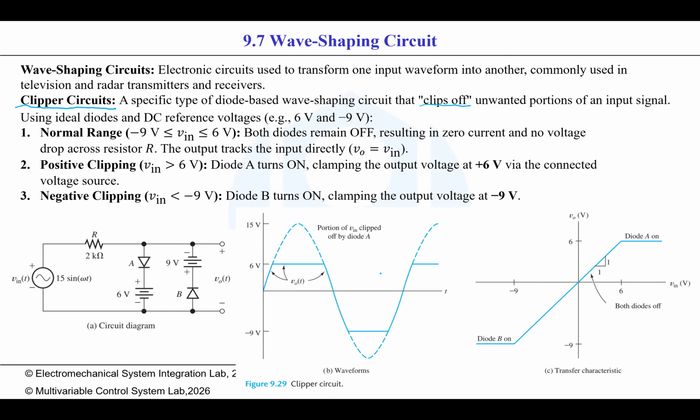Here, the blue dotted curve is the input voltage, and the solid line is the output voltage. At B, it limits the output voltage between 6 volts and minus 9 volts. So we often use this kind of circuit to protect our device.